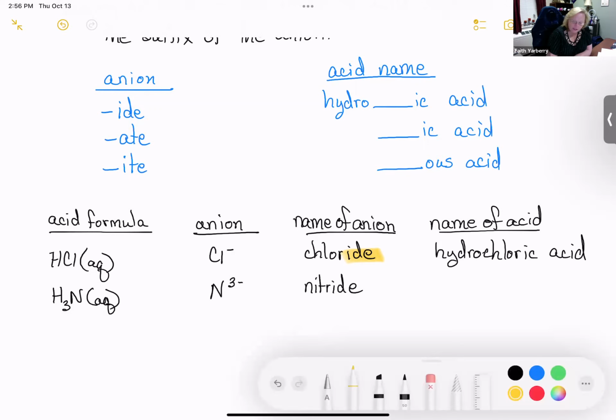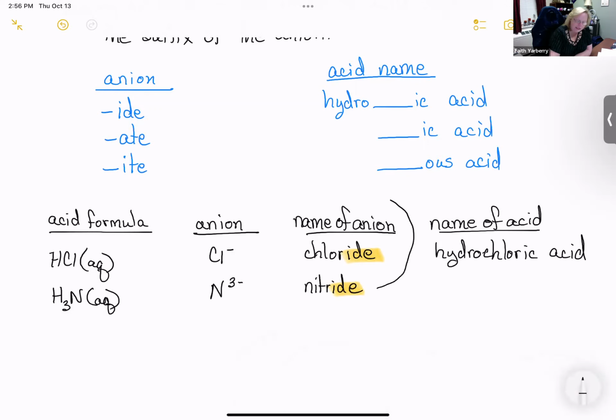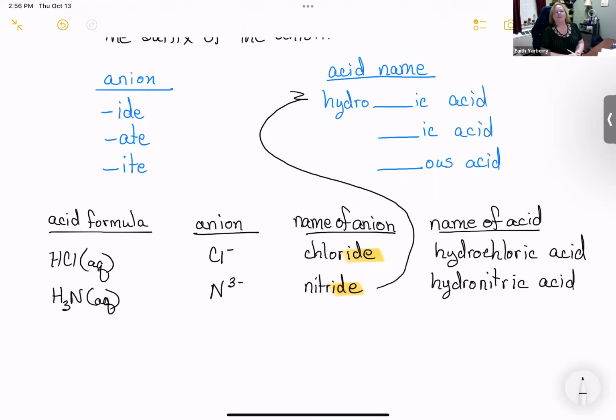Again, we have the ending IDE. Because we have the ending IDE, it's going to be hydro, the root of the name, nitr, followed by ic acid. So that's hydronitric acid.